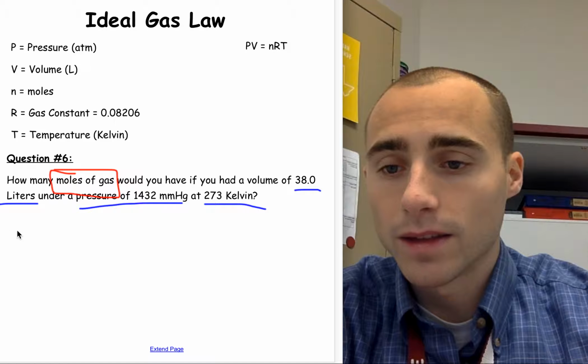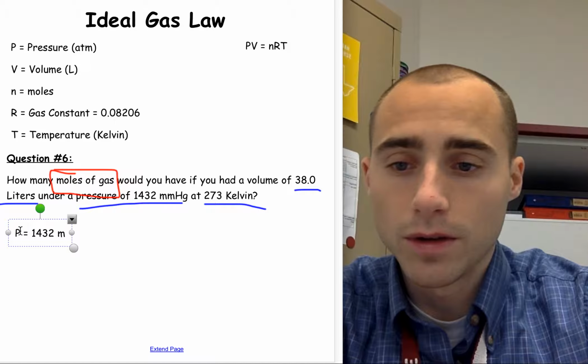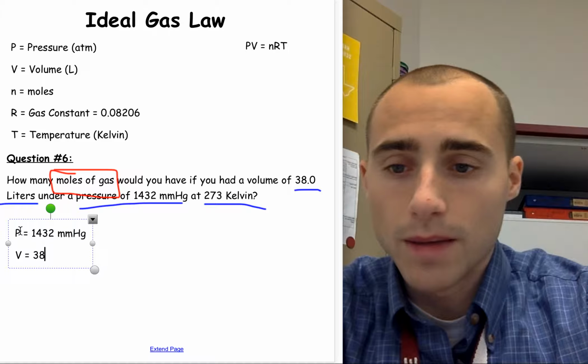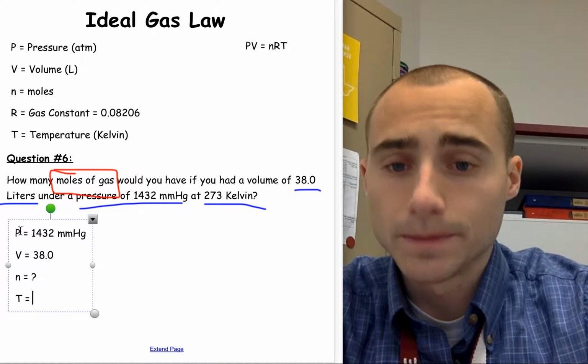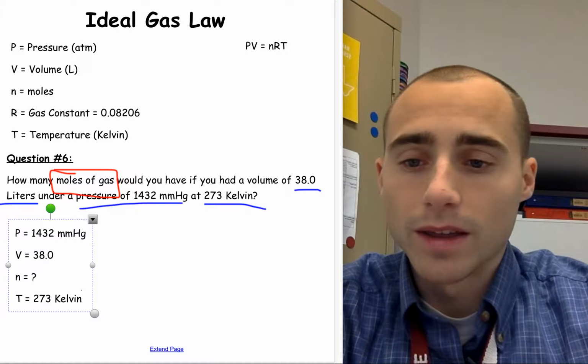So let's go ahead and write this out. Our P is 1432 mmHg. Our V is 38.0. Our n we don't know, and our T is 273 Kelvin right there.